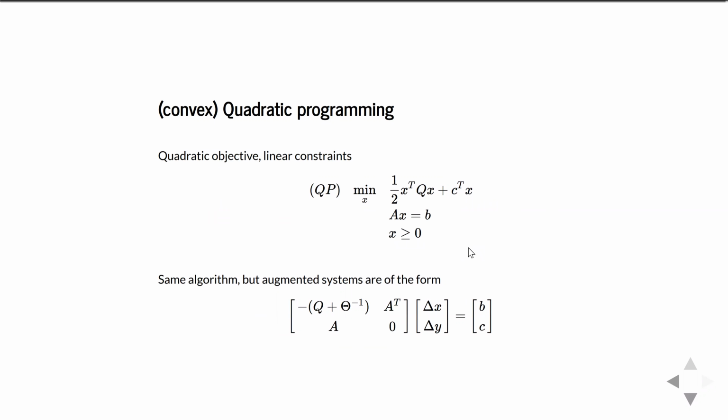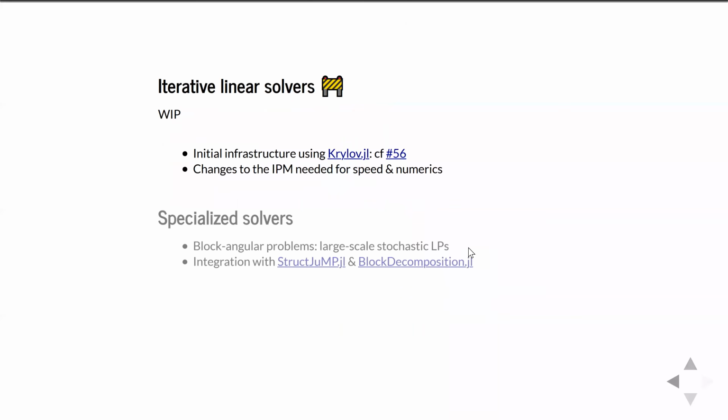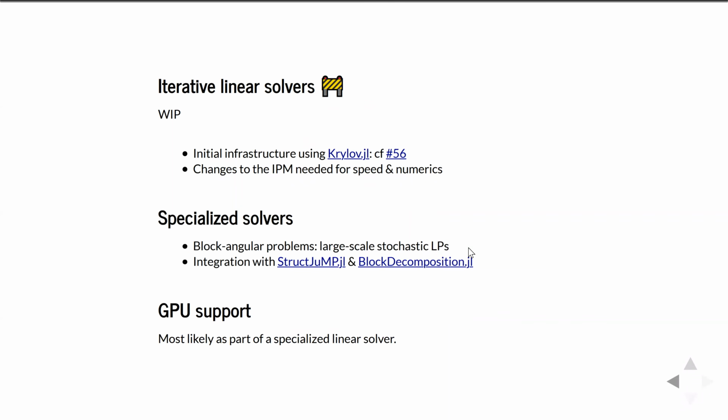And then the last question is about GPU support. So there are two ways that we could use GPUs. The first one would be to use it just for matrix vector product. So once we have iterative methods, we can essentially store the matrix on a GPU and then run all the Krylov methods that are compatible with GPUs.